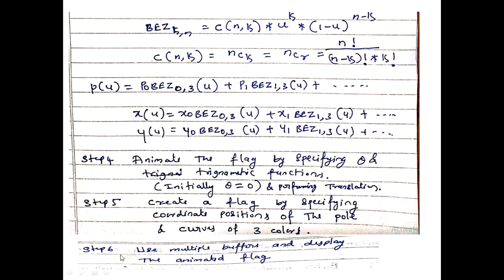Now we need to use double buffering here, or multiple buffers. Whenever you are using animation, you are supposed to use multiple buffers. The reason is that whenever you are using animation, we need two buffers, or double buffering.